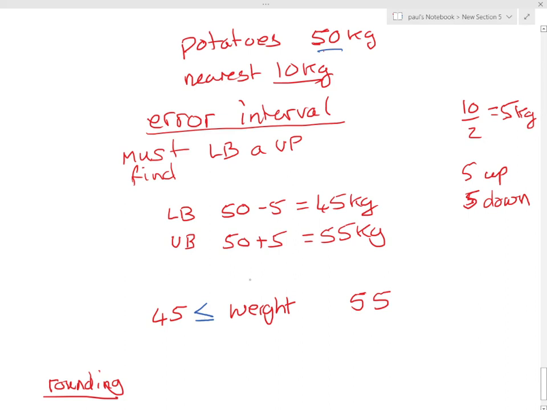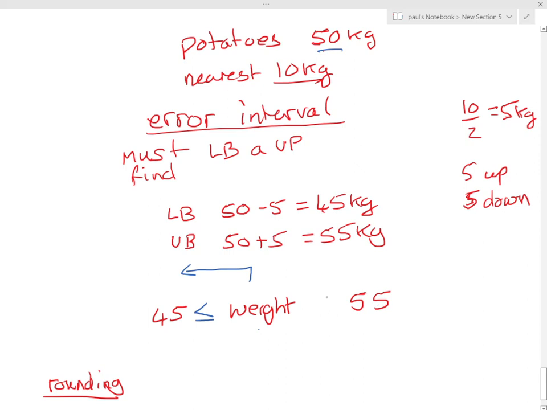If I read it from the middle out, it might make more sense. The weight of the potatoes could be more than 45, or it could be equal to 45, because that's the minimum. 45 rounds up to 50. Now we're a bit stuck here because 55 rounds up to 60, so it cannot be 55.